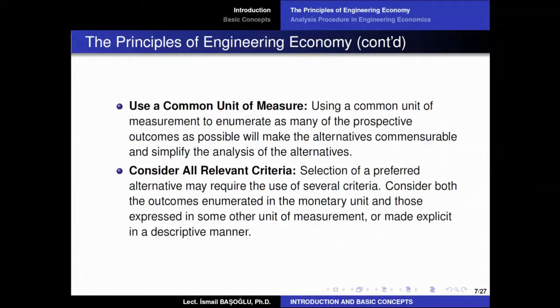And we need to consider all relevant criteria in our problems. So selection of a preferred alternative may require using several criteria. Consider both the outcomes enumerated in the monetary unit and those expressed in some other unit of measurement, or made explicit in a descriptive manner.